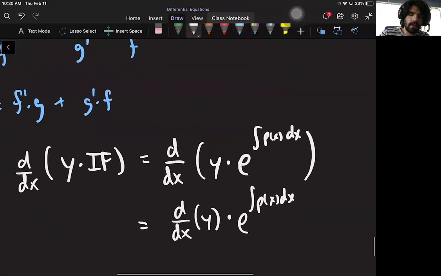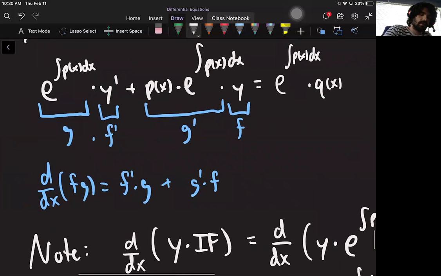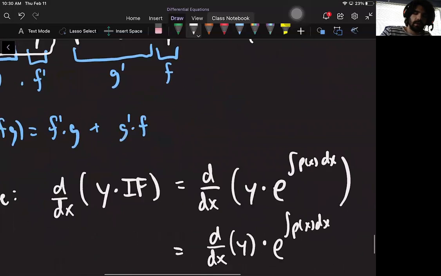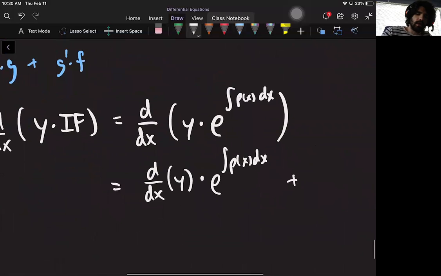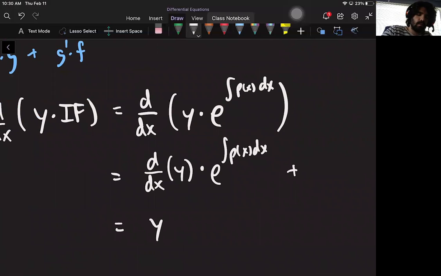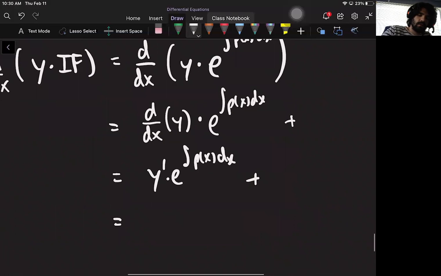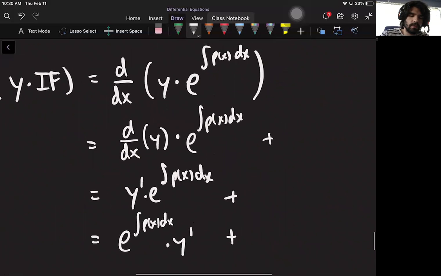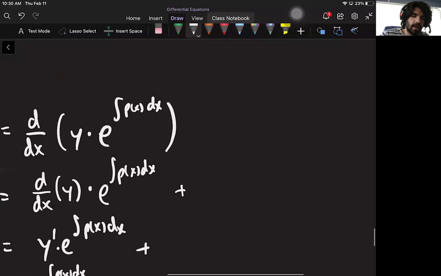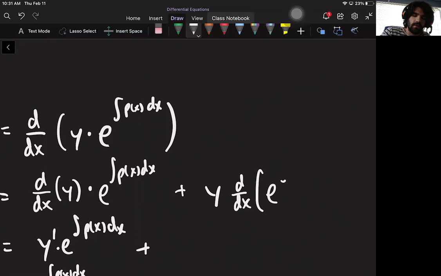And already we can see that, yes, that is going to be this piece there, because d dx of y is just y prime. And all I did was write it multiplied the other way, but it's the same thing. So maybe I'll just rewrite it to match the other order. Okay, but then to finish the product rule, I have to add and I have to leave y alone and take the derivative of the second function, which would be my integrating factor.